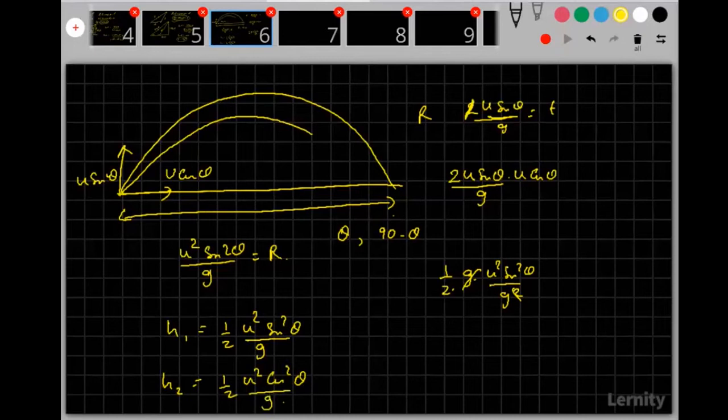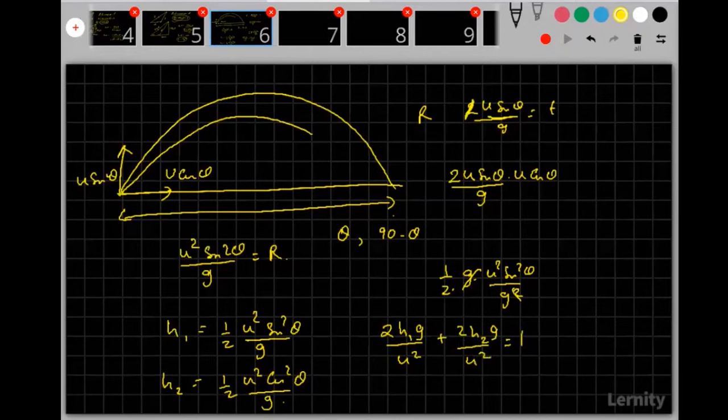So from here, can I say that 2 times h1 g by u squared plus 2 times h2 g by u squared is equal to 1? Yeah, so that is one thing I can have.